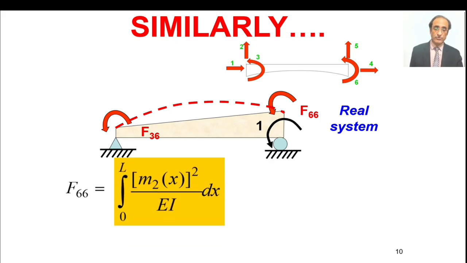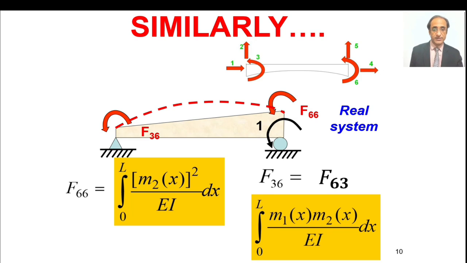By analogy also, we can write directly this expression. So both ways you will be able to derive what is F66, and similarly F36 also you will derive, and you will find that by Maxwell-Betti's theorem it's same as F63 because the flexibility matrix is also symmetric in nature, and we get this expression.